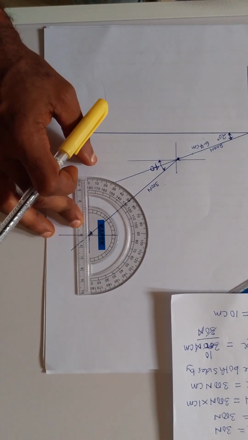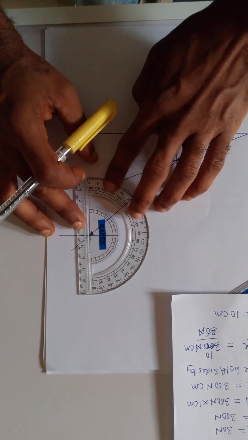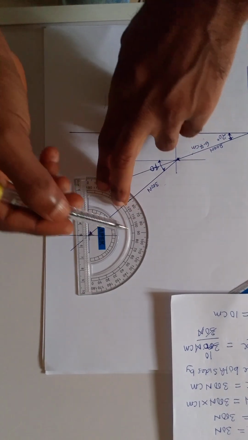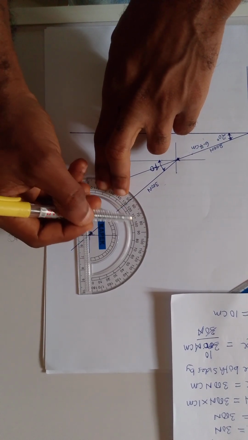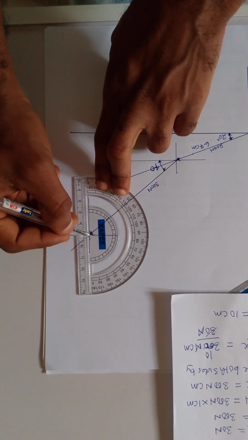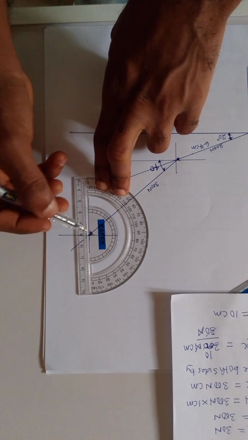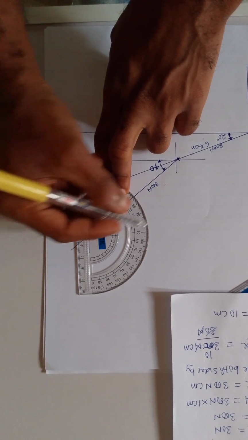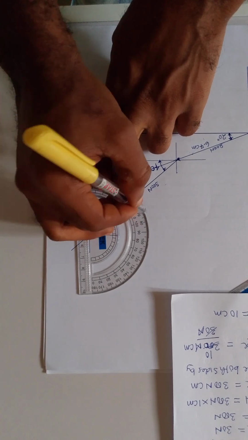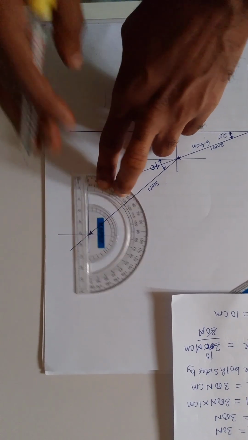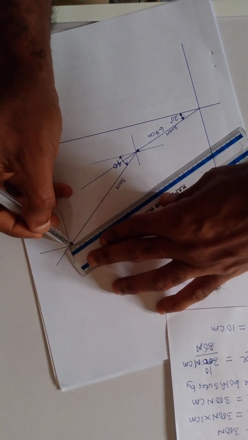This is how to place your protractor. You place it this way and measure 20 degrees. This is 90, 90 back, 80, 70. This is where 20 degrees to the horizontal is. So 70 down to 90 gives us 20 degrees to the horizontal. That is how it is, and then you draw it down to pass through that point.